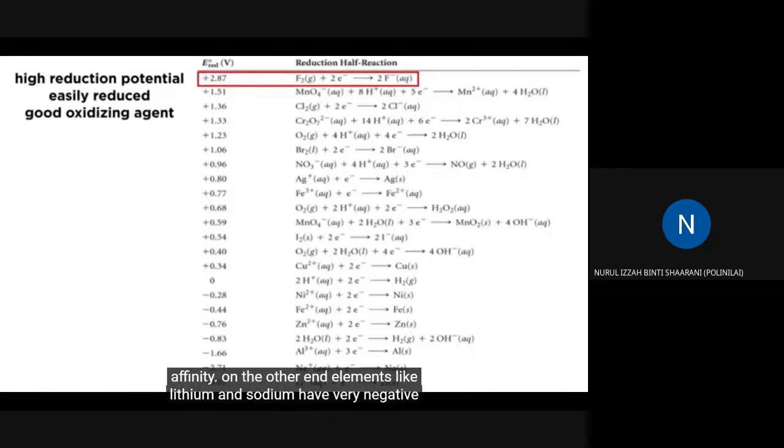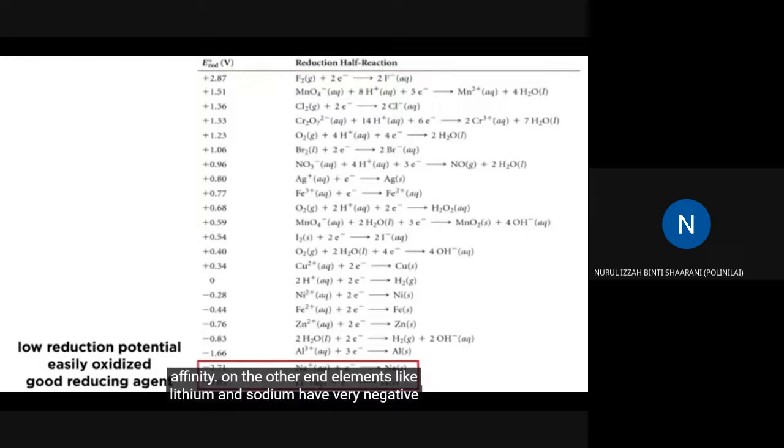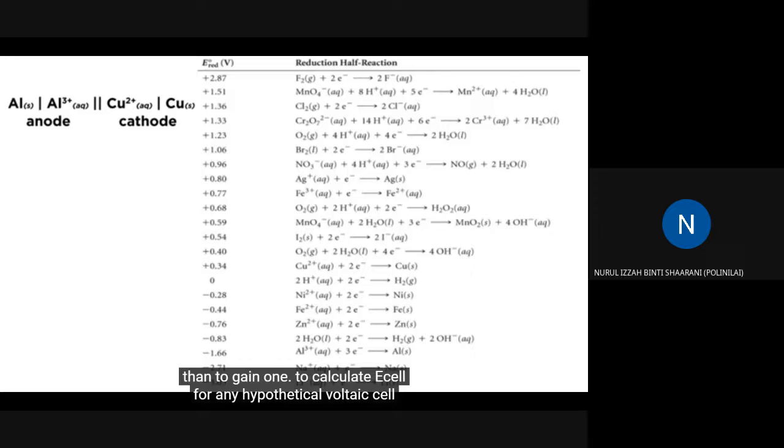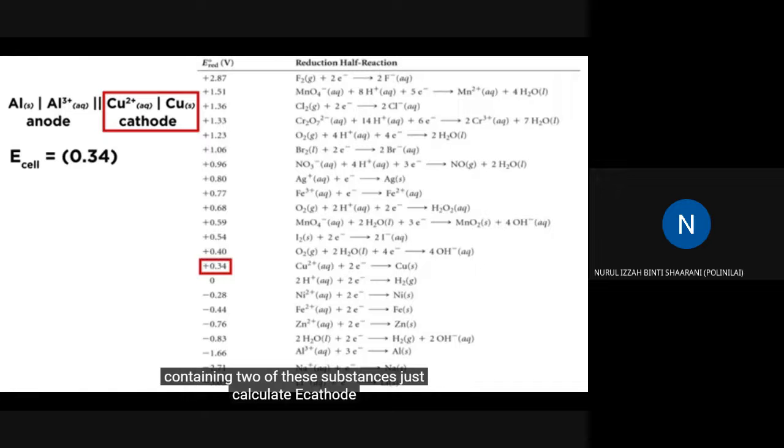On the other end, elements like lithium and sodium have very negative reduction potentials, making them good reducing agents, since they have a tendency to be oxidized, as it is more favorable for them to lose an electron than to gain one. To calculate E cell for any hypothetical voltaic cell containing 2 of these substances, just calculate E cathode minus E anode.